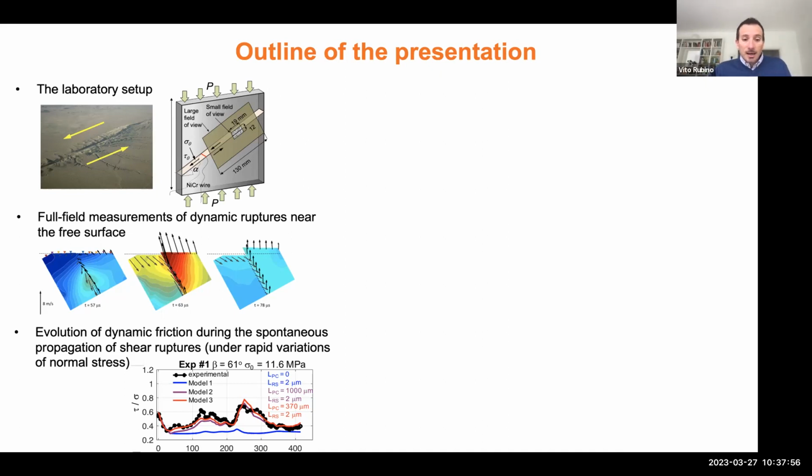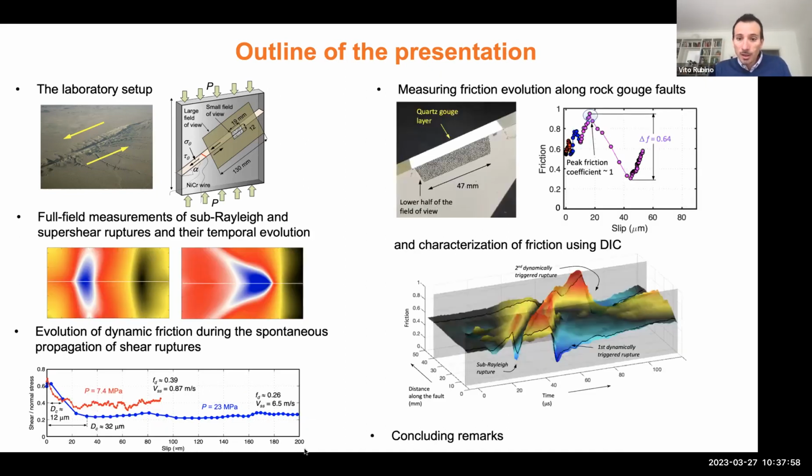And then I would like to step up to cases where we include some natural quartz material along the interface, and then study friction evolution due to the presence of gouge.